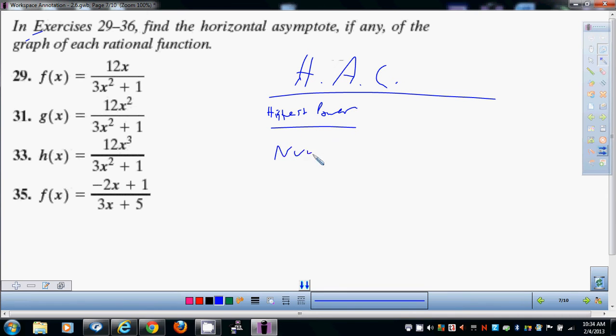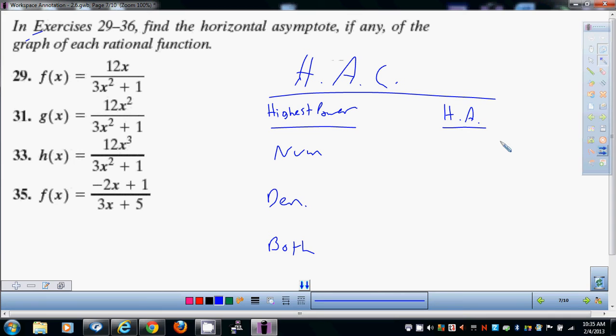And I'm going to tell you, highest, it's just H. There we go. And this is going to be where your horizontal asymptote is. Depending on whether your highest power is in your numerator, denominator, or both will depend on where your horizontal asymptote is.